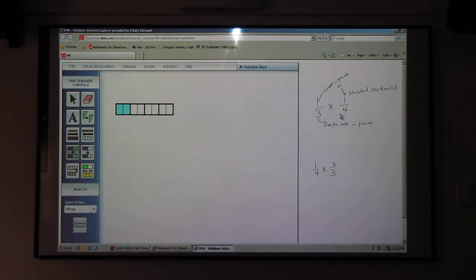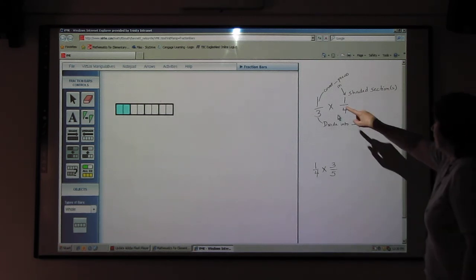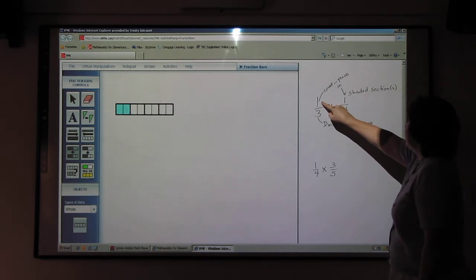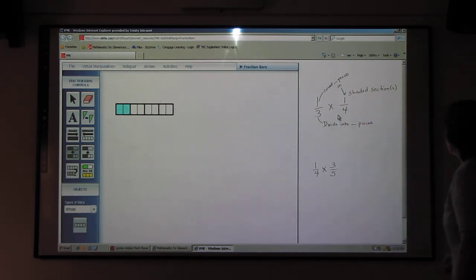The second part's a little bit more confusing, but not overly. What it tells me is that now I am going to count 1 piece in each shaded section. Oops, actually I don't have it divided into 3. Why did it not divide into 3? Let me click it one more time. Okay.